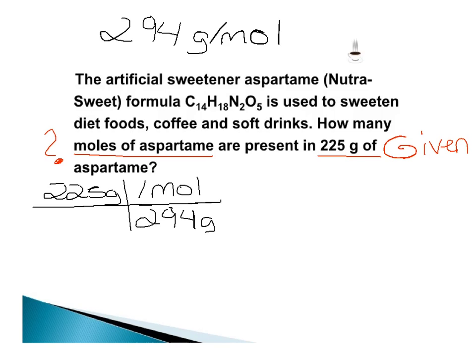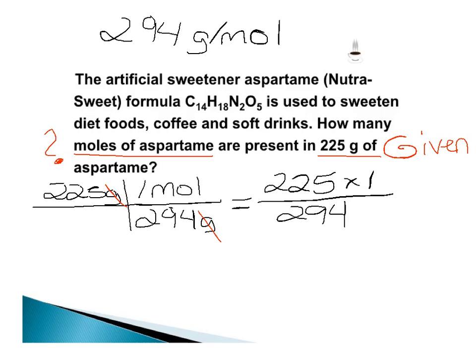Now, when we do that, our grams will cancel out. We're left with moles. That's what the question is asking us for. So that's how we know we're in the right place. So now we can just do our math. You multiply the things at the top and divide what is on the bottom.